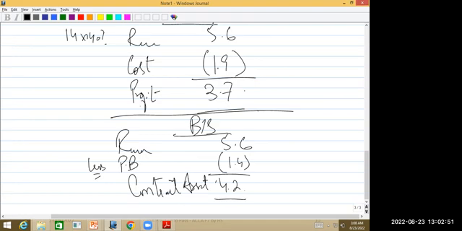Percentage is applied on revenue, not on cost, and not on the amount billed. Amount will be given. It's mentioned here in the question.